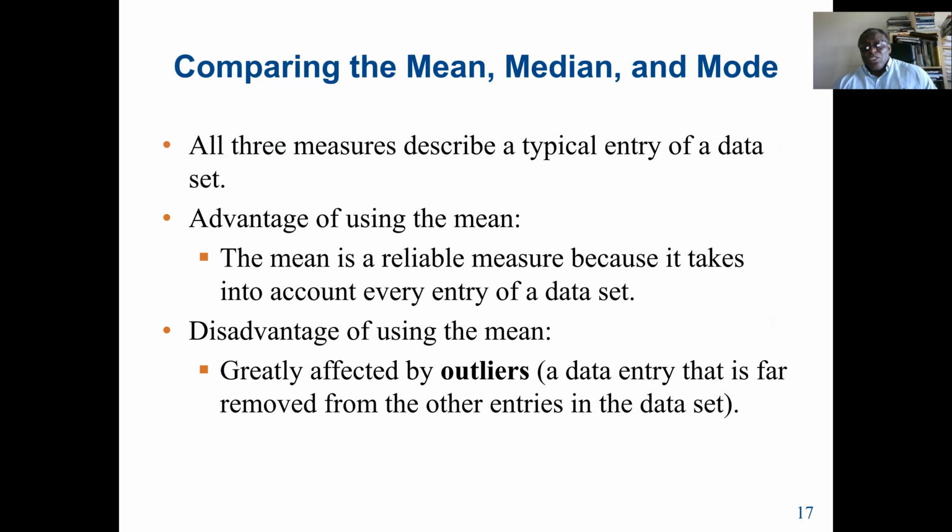The disadvantage is that since the mean uses all values, if a value is an outlier that is too small, it will make our mean very small. If the outlier is very large, it will make our mean very large. So the mean can be greatly affected by outliers, very small or very large data.